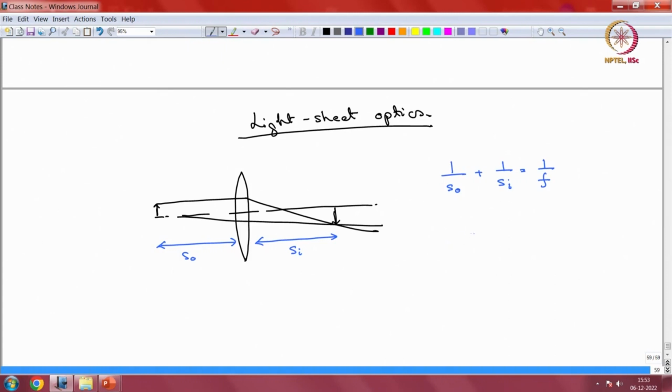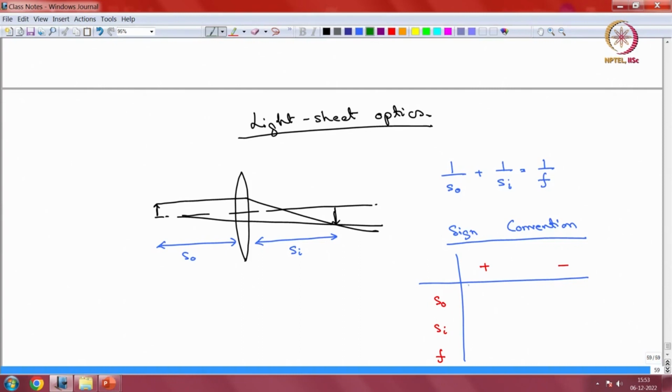And here the sign convention is important. I am going to adopt a sign convention of a particular book. Different books can have different sign conventions, so you are free to pick the right one. If you choose a different sign convention, you will just have to worry about the proper equation, the pluses and the minuses, so just be careful with it. So in this particular sign convention, we have these three quantities here, S naught, S I and F, S naught being the object distance, S I the image distance and F the focal length of the lens.